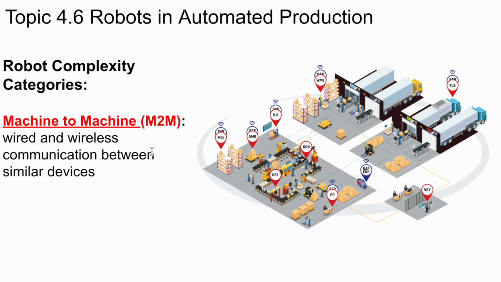So you have to think about why that would be an advantage. Basically it's an advantage because a robot on this side of the factory can communicate with a robot on this side of the factory. It can tell it if there's a problem or if there's a need for something else. That communication is very important. But basically, it's a bunch of robots communicating with each other, either through wires or wireless communication.